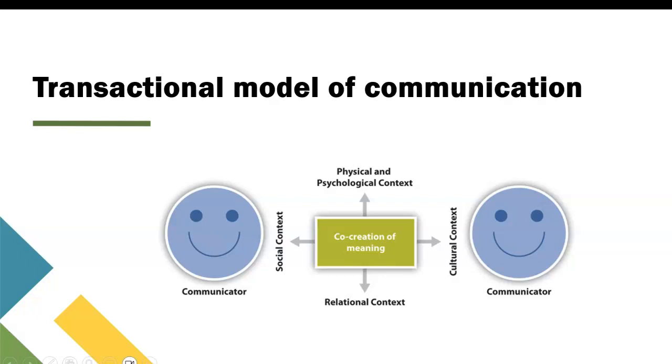And what this model also does is it factors in context, particularly this one down here, the relational context. So let's look at this a little more. We have a person sending a message, and we have a person over here on the right that might be the receiver, except that the receiver is also sending messages at the same time.